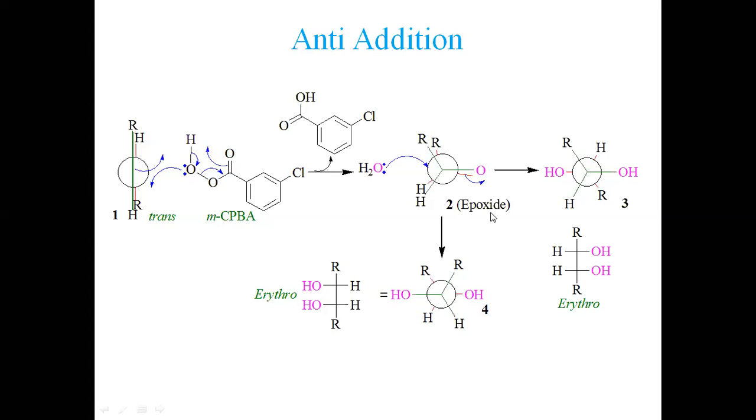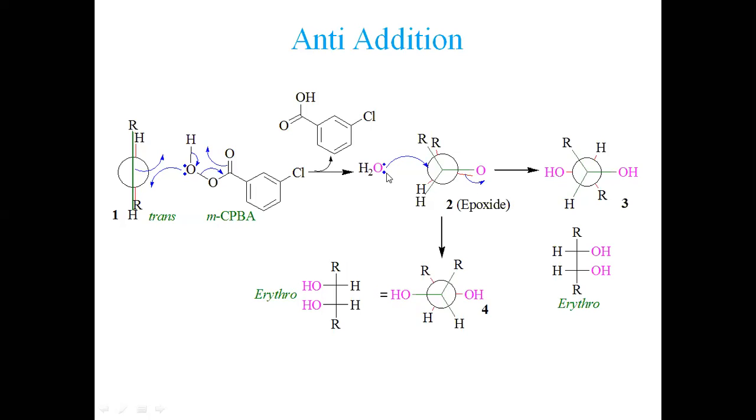In fact, epoxides are highly reactive. One reason is that they are a three-membered ring: two carbons, one front carbon, one rear carbon, bonded with oxygen. Now there are two possibilities. This water molecule can approach the rear carbon, so the rear carbon-oxygen bond shall break, resulting in the formation of this bond with the rear carbon, with the front carbon already present.